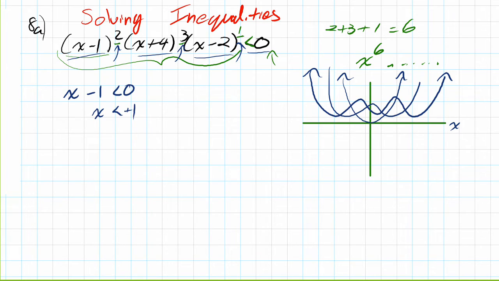Another one is x plus 4, and that root actually becomes really important. We'll talk about why in a second. x plus 4 is less than 0, so x is less than negative 4. And finally, x minus 2 is less than 0, so x is less than positive 2.